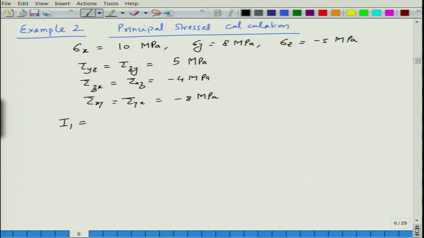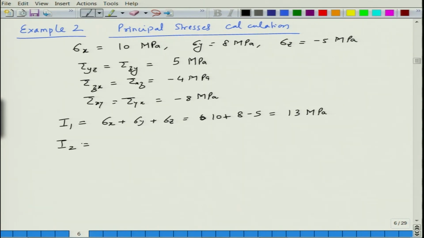I1 is sigma x plus sigma y plus sigma z. If I1 is sigma x plus sigma y plus sigma z, then we can calculate this as 10 plus 8 minus 5. This is equal to 13 MPa.